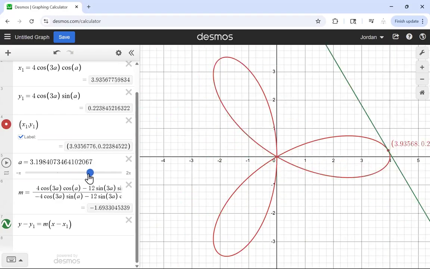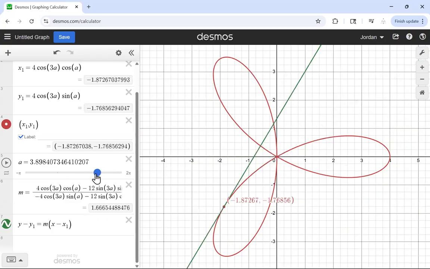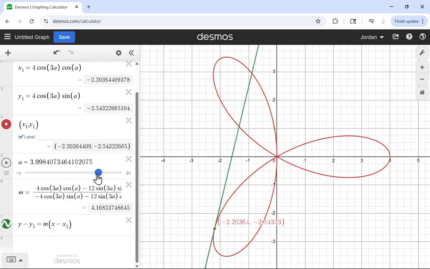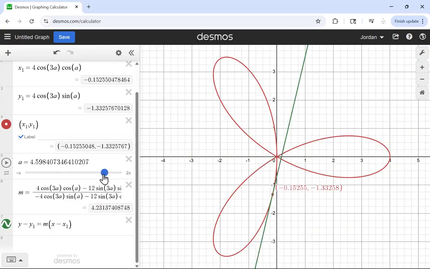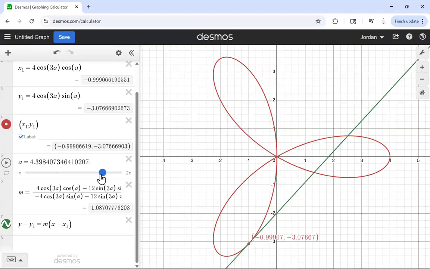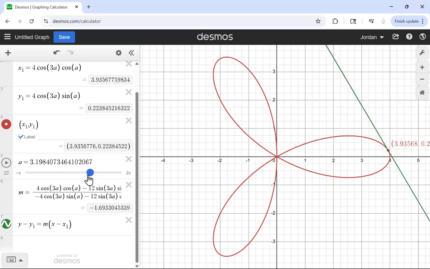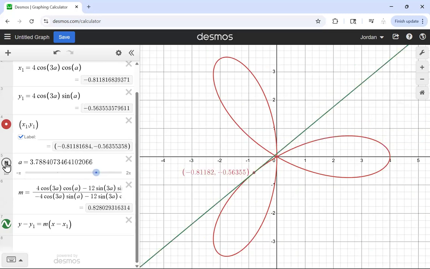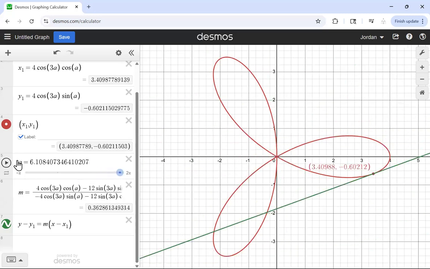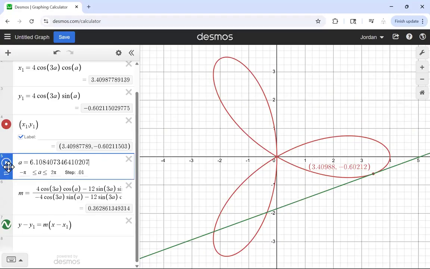Again, we're just moving the point around, and then it is automatically computing the slope of the tangent line. Ooh, that's a little fast.